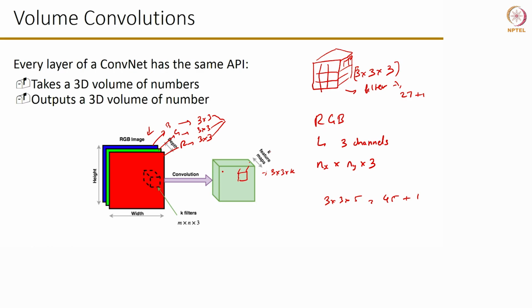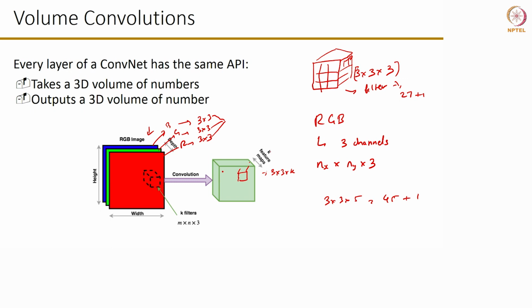This is what we refer to as volume convolutions. The number of input channels can be variable. Typically you will only define 3 by 3 or 5 by 5 filters, but it is implicit that those filters also act across the channels, depending on how many channels you have as input, and all the values in the filter kernel will be unique.